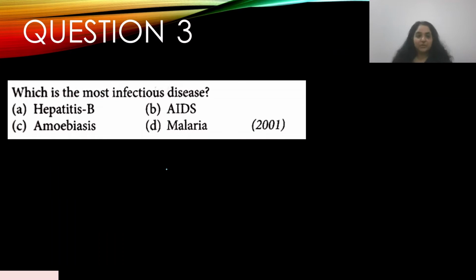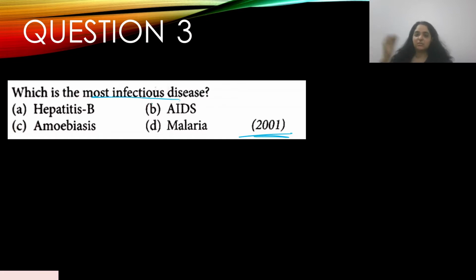Question number 3. Which is the most infectious disease? Okay, and this appeared in 2001. So I have A, hepatitis B, B, AIDS, C, amoebiasis, and D, malaria. So it's a little tricky, like a factual based question, which I would suggest you learn the answer. Which is the most infectious disease. Okay, there's a difference between infectious and contagious.